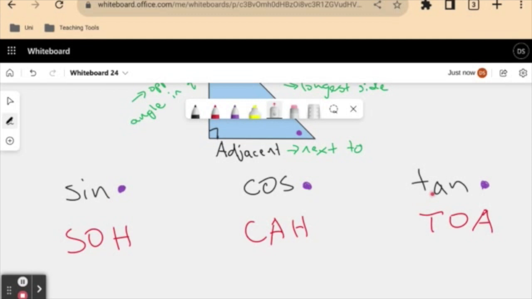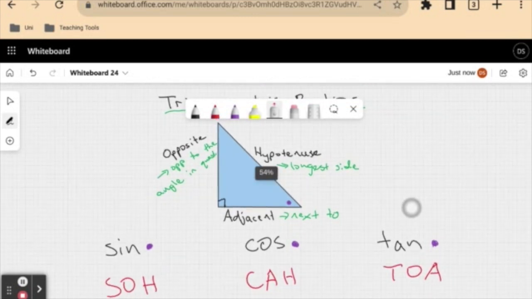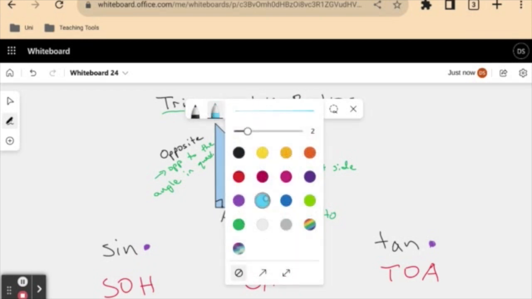So when we are looking at our sine, the sine of this angle is defined as the ratio between the opposite side to the angle and the hypotenuse. So we can say that the sine of an angle is equal to its opposite over its hypotenuse. So I'm going to write that here, maybe in another color.